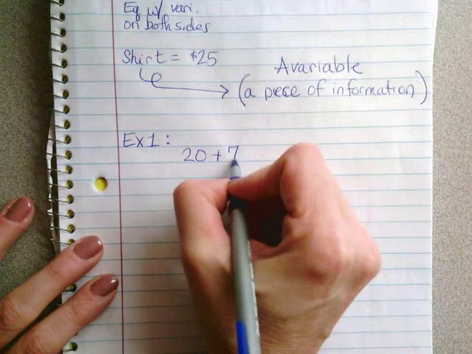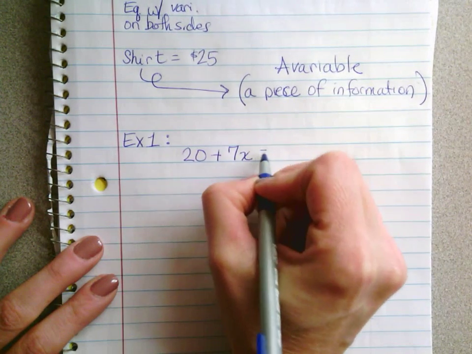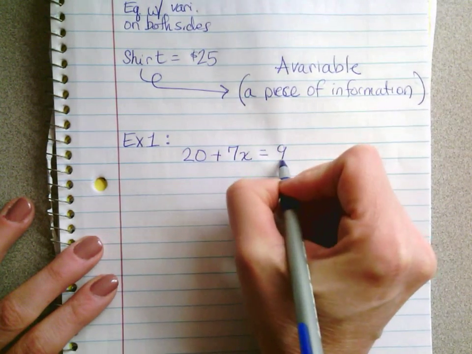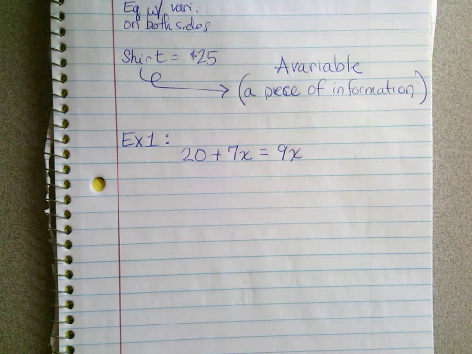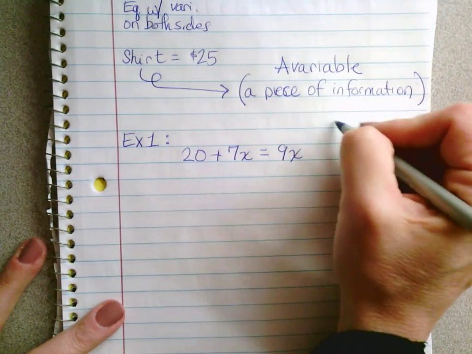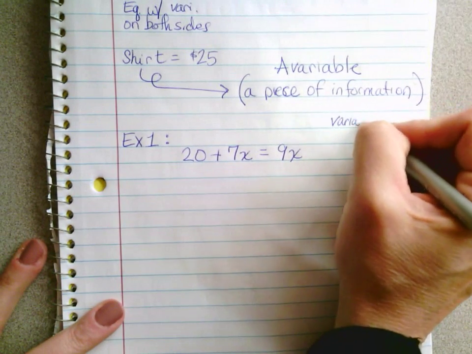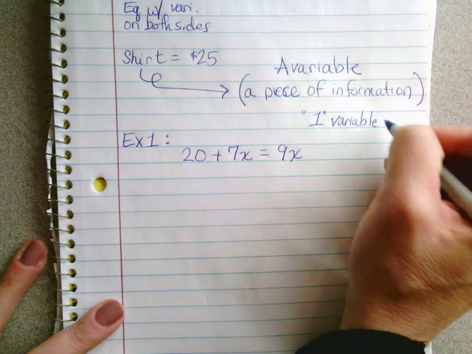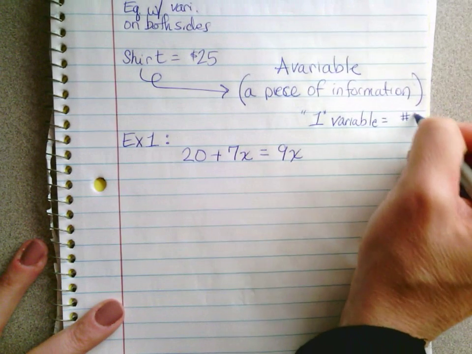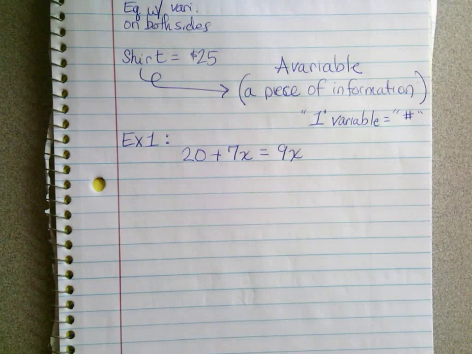20 added to 7 times what is equal to 9 times the same what. Since it's the same variable, obviously it's the same what. Your goal always needs to be 1 variable equals a number, right?